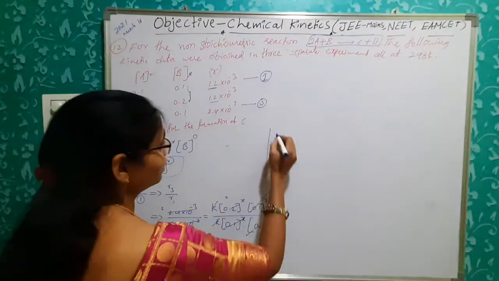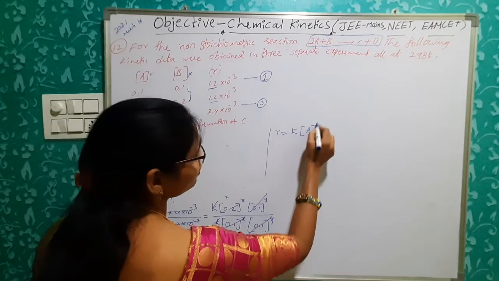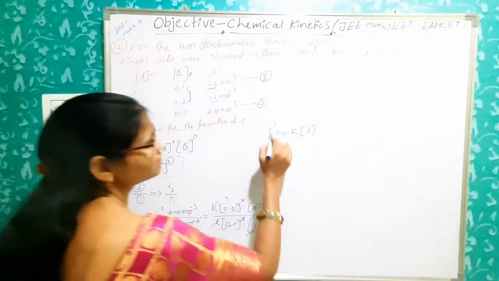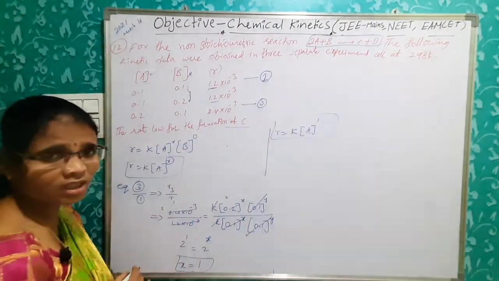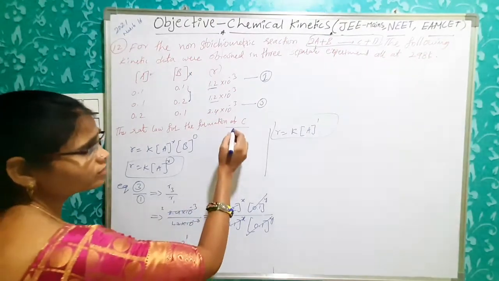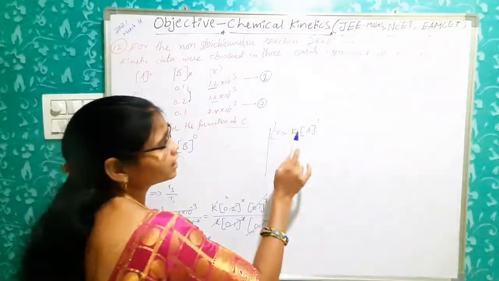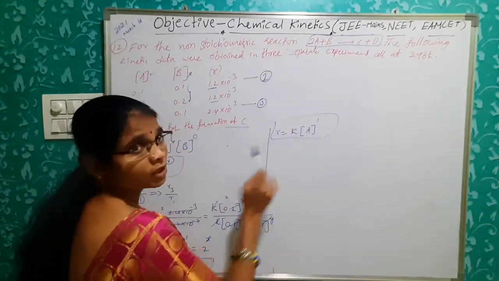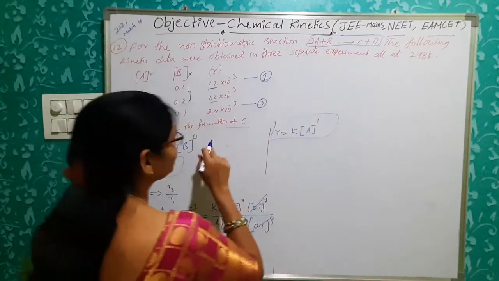So that is simply R is equals to K into concentration of A power 1. Okay. So this is the rate law for formation of C. Got it? C is a product now. So we should write rate law only for reactants, not products. So what do you get from this data?